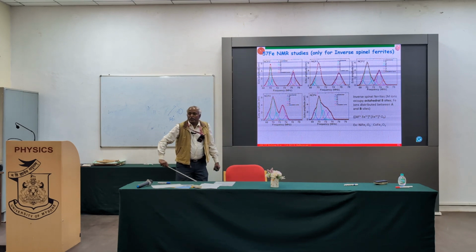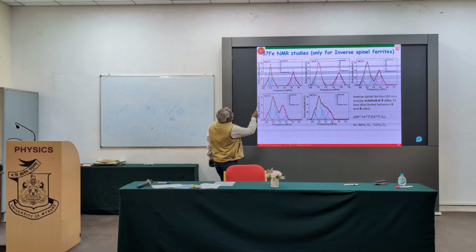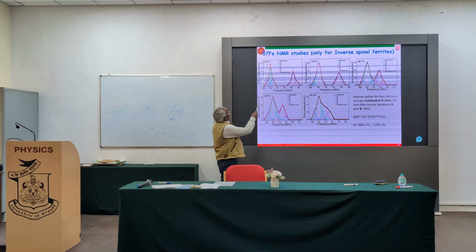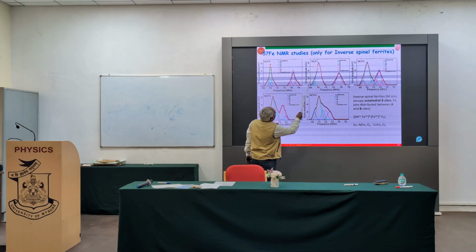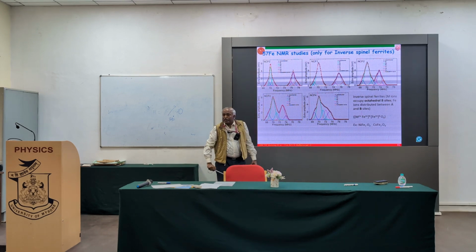Whenever I increased the cadmium concentration at the iron side by 0.1%, and did 57Fe NMR studies, initially I had 2 peaks. Then as I kept on increasing the cadmium concentration in the diamagnetic system, they started merging together and finally became only 1 peak.